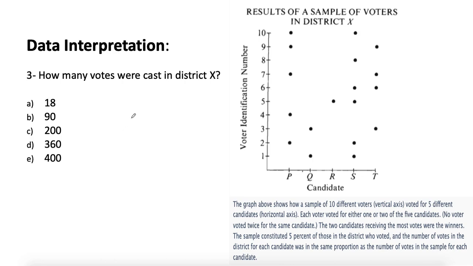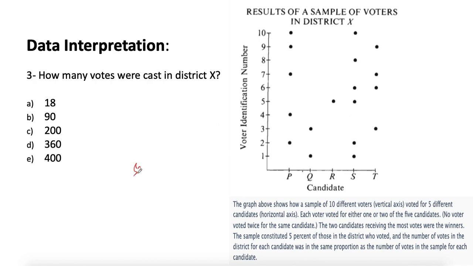Now this is the question asked: how many votes were cast in district X? Let's see the total amount: 5, 6, 7, 8, 9, 10, 11, 12, 13, 14, 15, 16, 17, 18.